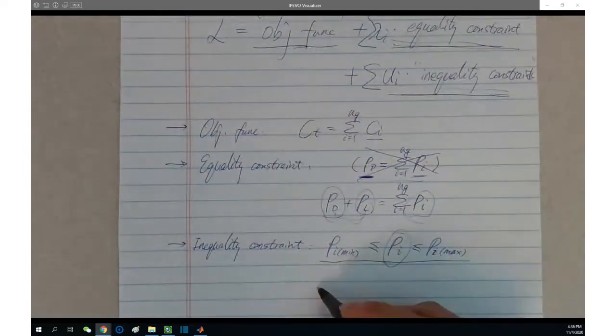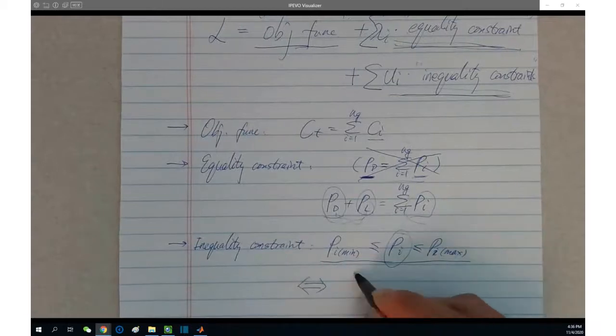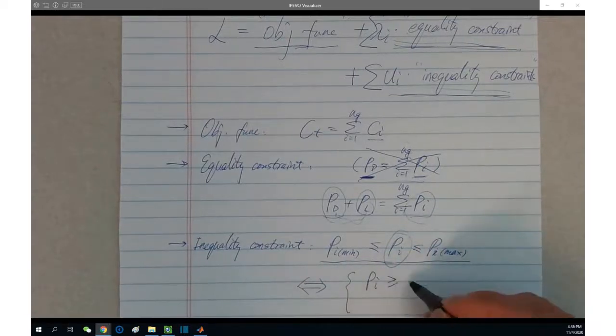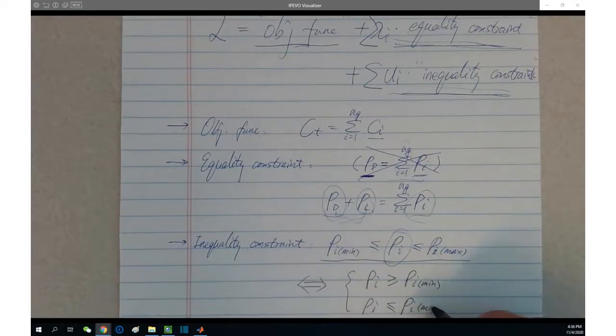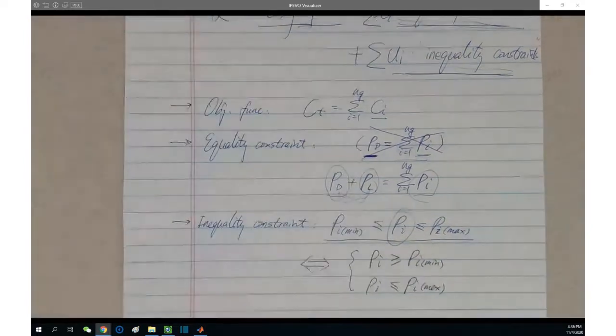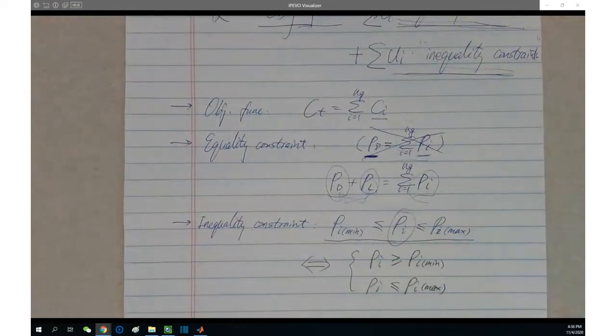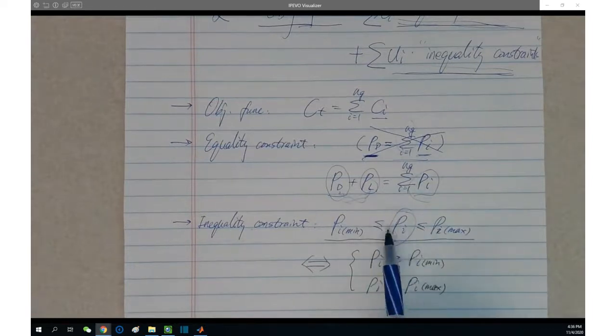Equivalent to Pi greater or equal to Pi minimum, and Pi less or equal to Pi maximum. You need to realize this is actually not only one inequality constraint, but two.